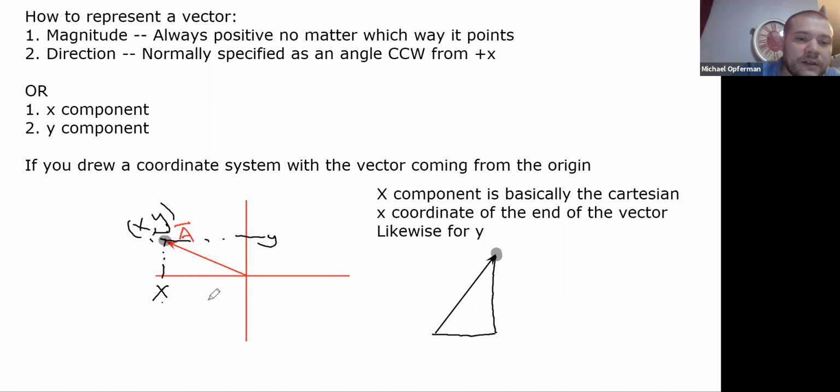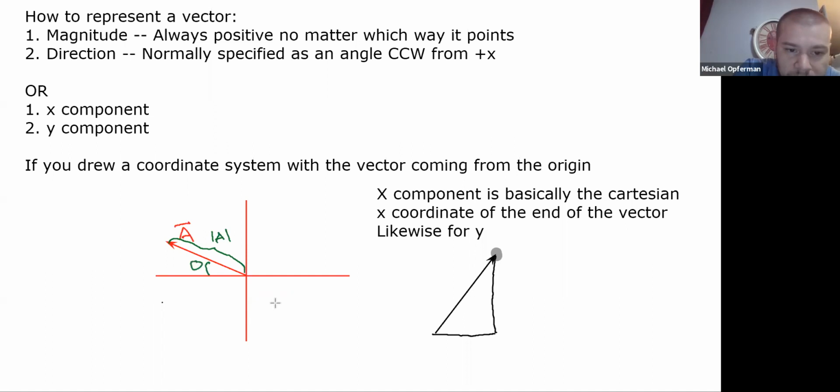For instance, with vector A over here, I could tell you, in representation number 1, that the length of the vector is a certain amount, which would be the magnitude of A, and that it makes a certain angle here.